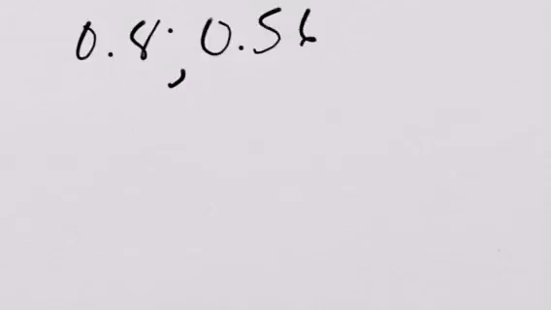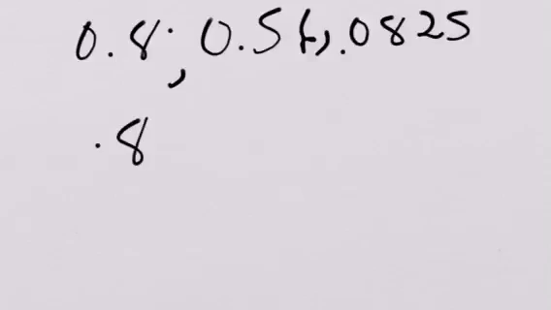Okay. If you were asked to order numbers, so if you had 0.8, 0.56, and 0.825, how would you order those in a line? And we know that the 0.8 is the biggest.